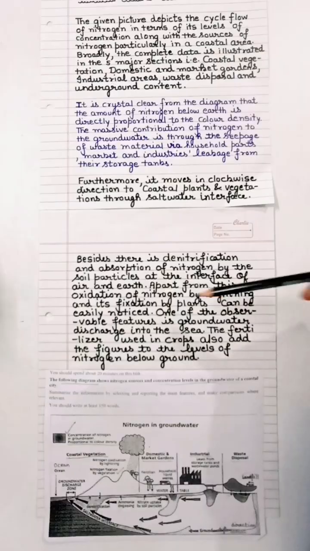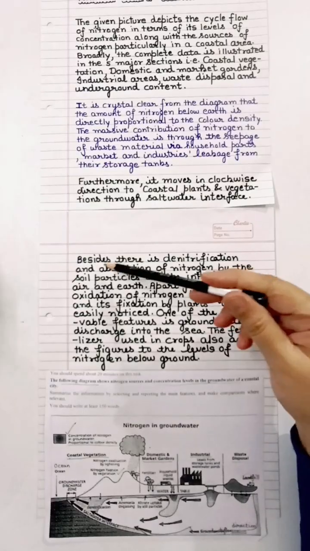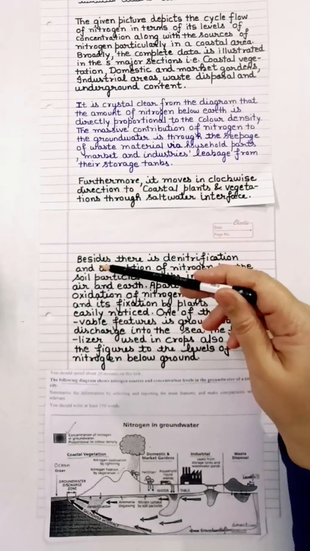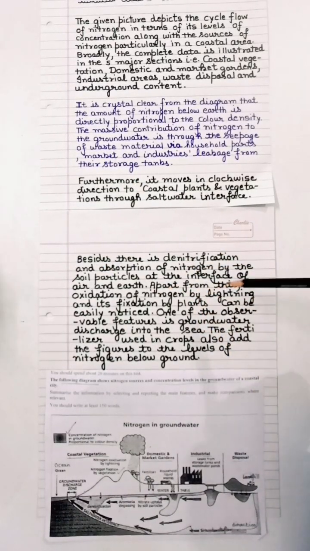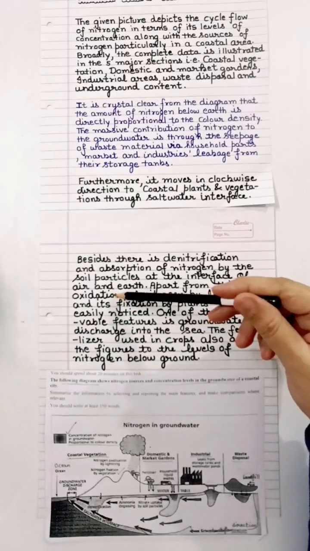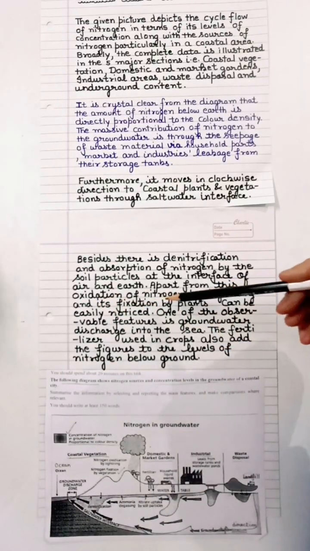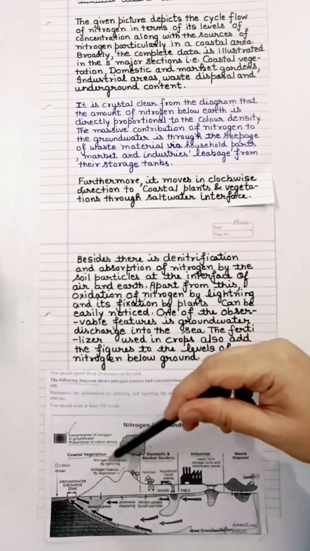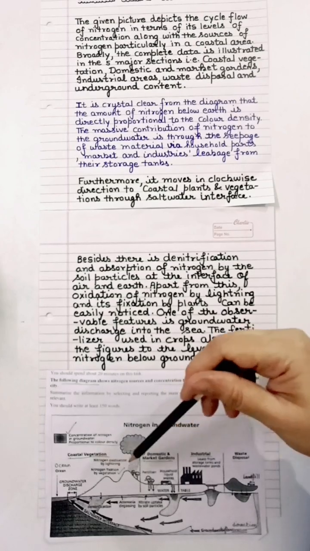Apart from this, one more point will be added to your written material, because you are using furthermore, besides, now apart from this. What am I going to tell? Oxidation of nitrogen. Not writing word for word, nitrogen oxidization.